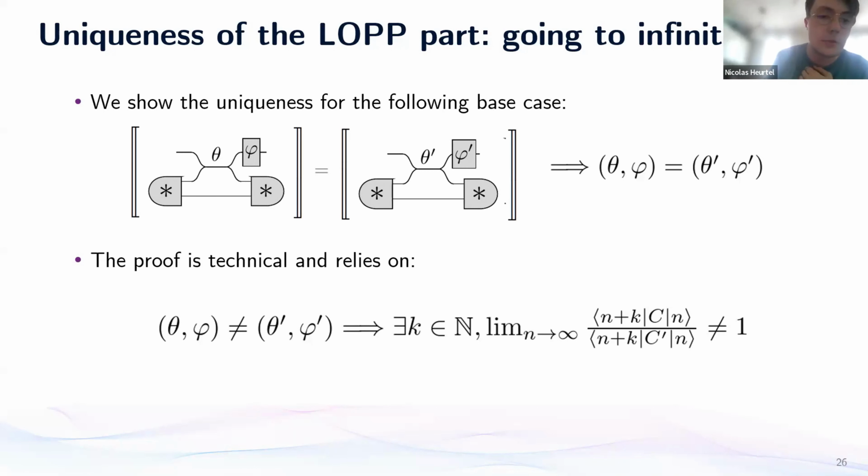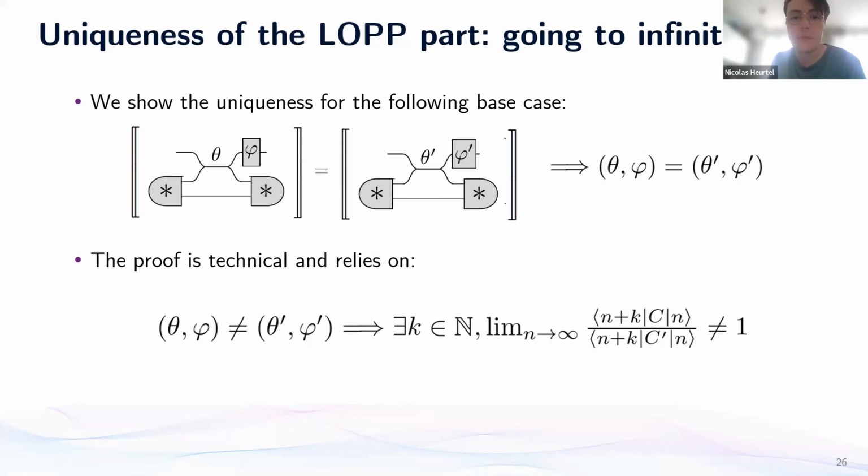So I look at the equivalence of the diagram on the left compared to the diagram on the right when the number of photons tends to infinity. And I showed that necessarily, if you have a different theta and phi, then the equivalence in infinity will be different. As the semantics are the same, of course, it can't be the case, so the angles are unique. So the base case is just a technical proof of saying I go to infinity, and the angles need to be the same.